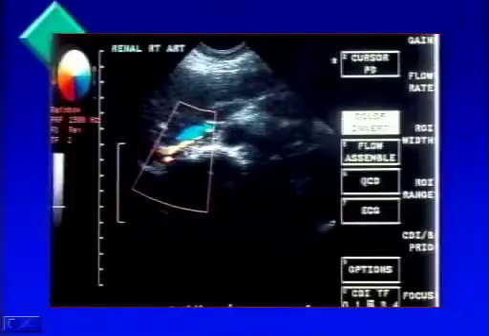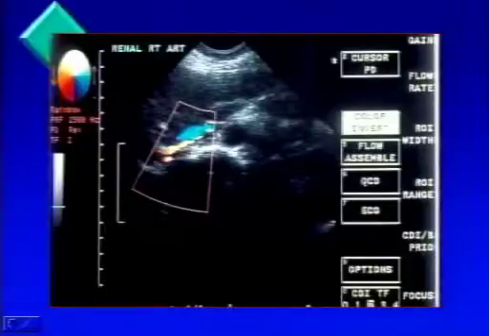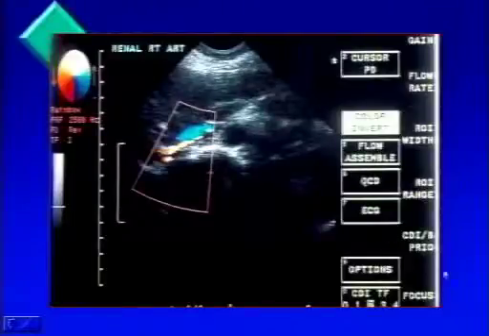You can see right here in the mid-segment of the renal artery that we can get a pretty good Doppler angle, but right here at the origin where we usually see the majority of atherosclerosis develop, it's very difficult at times to get a 60-degree or less angle to flow. And so that's one of the pitfalls and challenges to doing this examination.